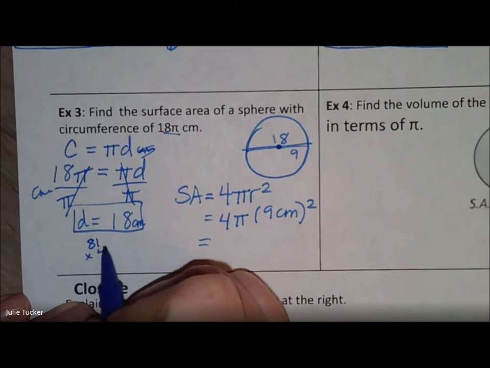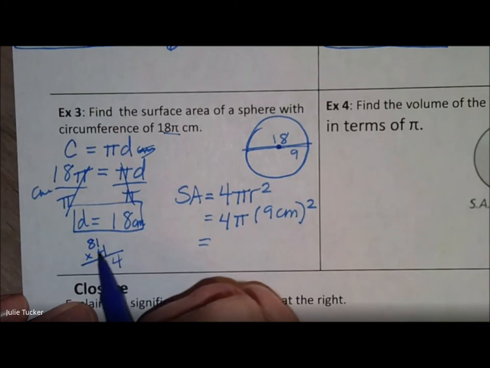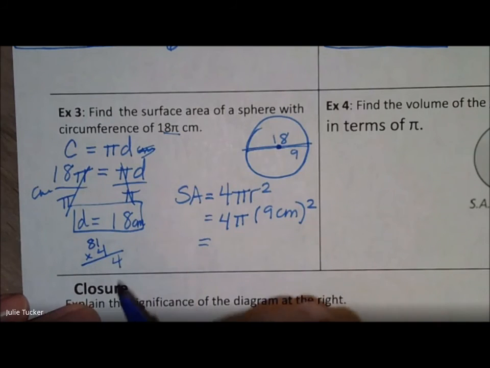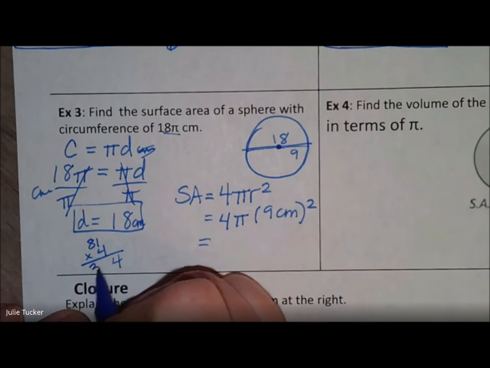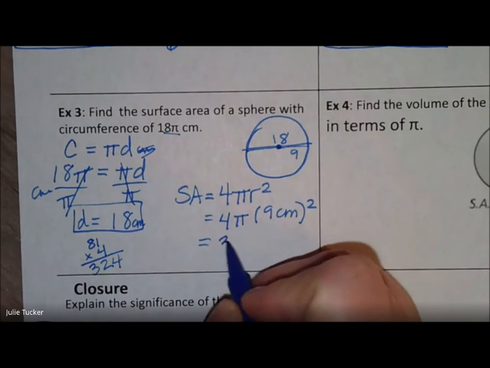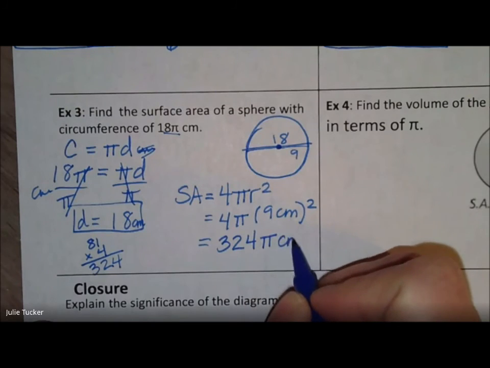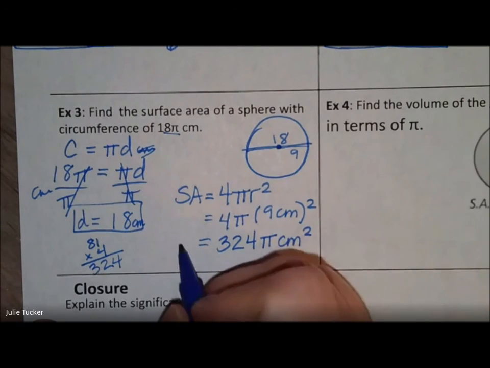So 4 times 1 is 4, and 4 times 8 is 32. That gives me 324 pi centimeters squared.